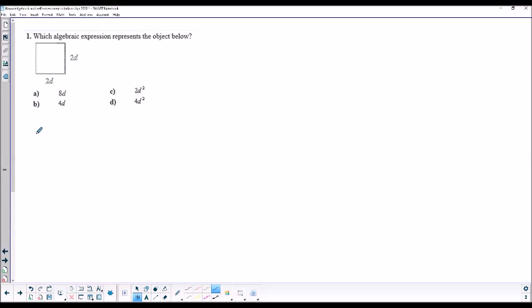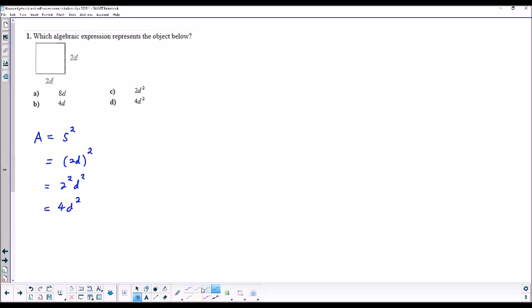The object is representing the area, and we know the area of a square is side squared. And side squared here, we've got 2d squared, which means it's 2 squared d squared, which is 4d squared.